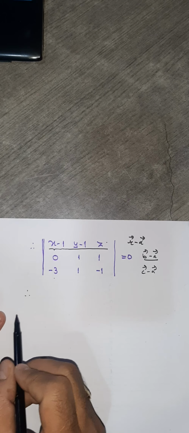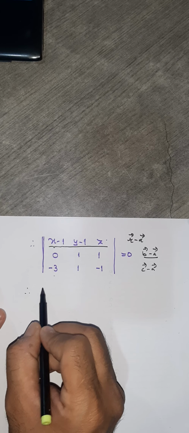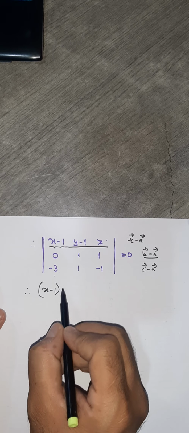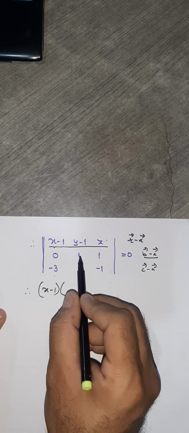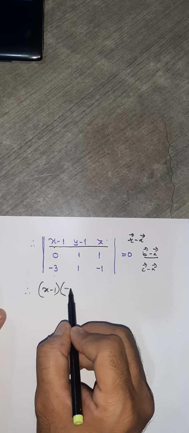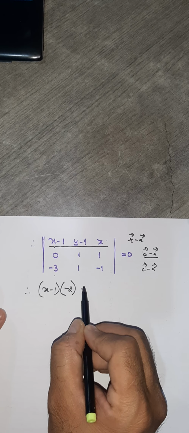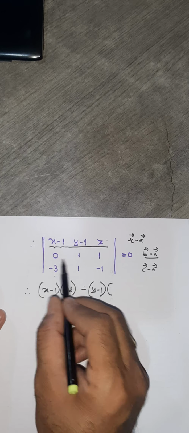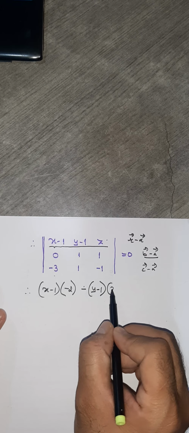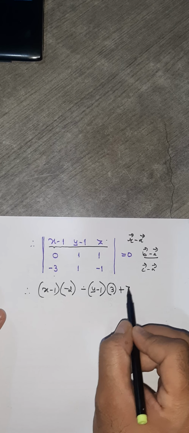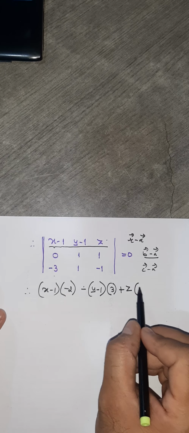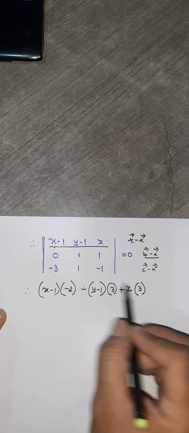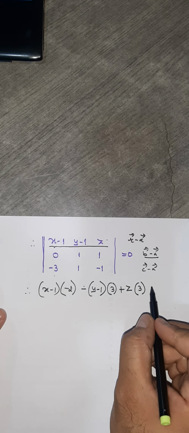Now we just expand, so we'll get the required Cartesian form. X minus 1 into minus 1, which is minus 2. Minus y minus 1 into 0 plus 3, so it is just 3. Plus z into 0 plus 3, which is 3.